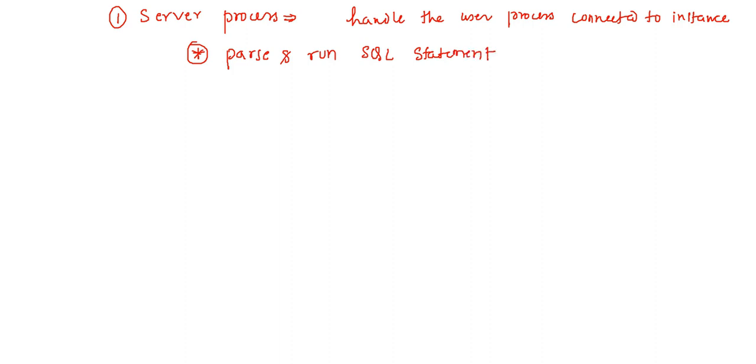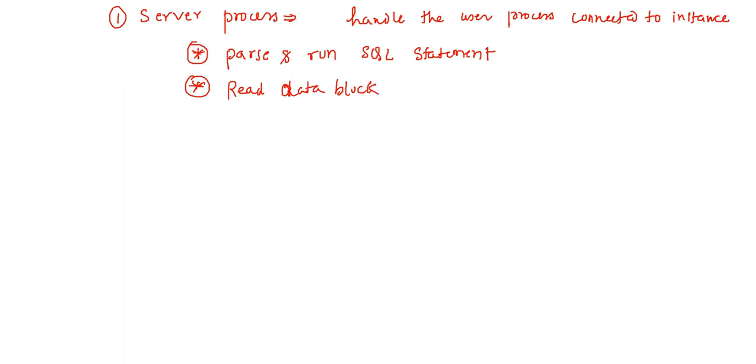The parsing of SQL statements can be done by the server process, and this is done through the application, because we have the application server. So the application team will trigger some query, and once the connectivity is established, the server process will be created, the query triggered by the application team will be passed, and the SQL statement will run accordingly with the help of the server process. Second, it will read the necessary data blocks.